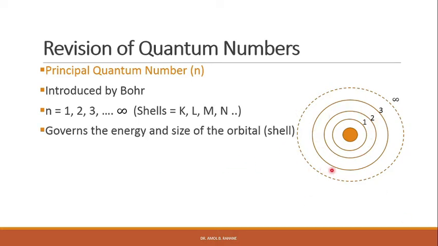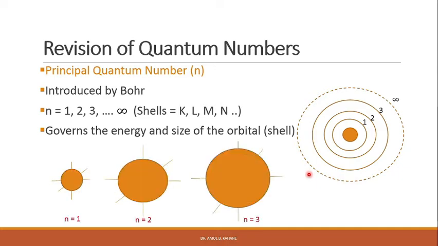The size of the orbital means the space within which an electron can move according to Schrodinger's theory. It corresponds approximately to the earlier idea of Bohr that electrons move in circular or elliptical orbits like planets around the sun.